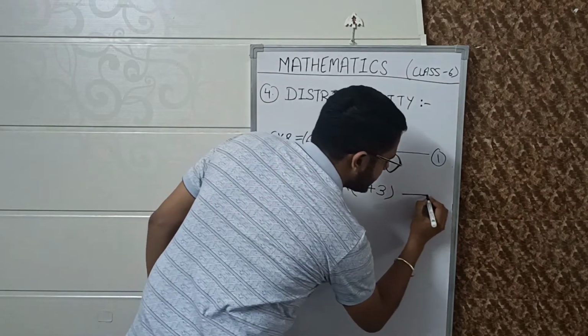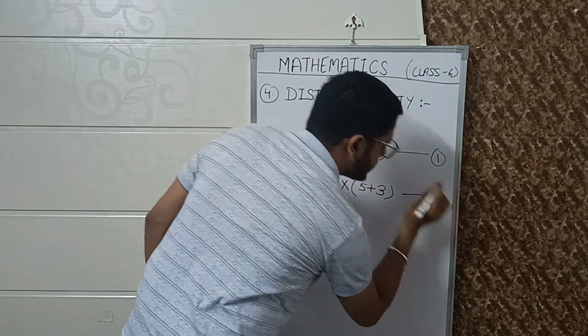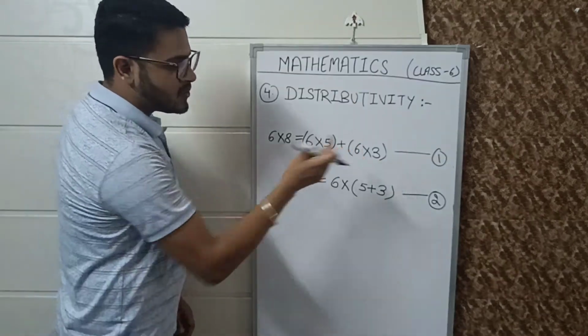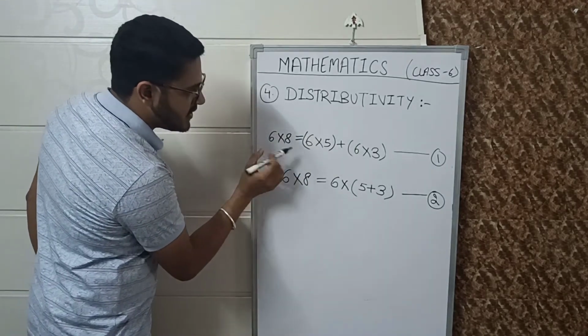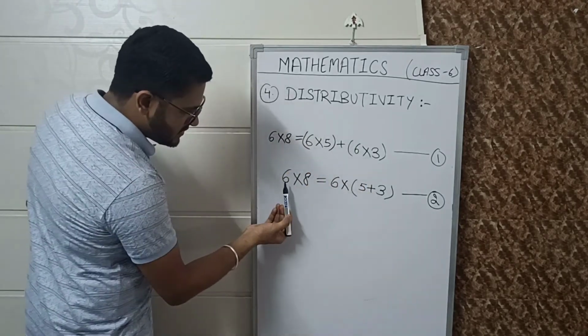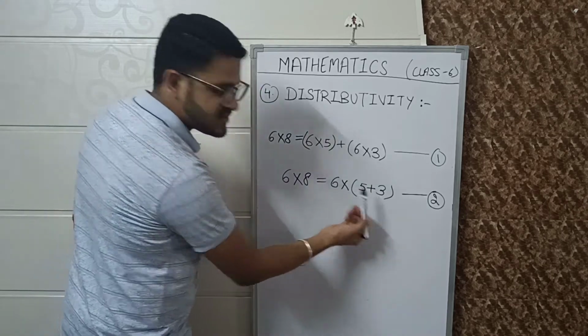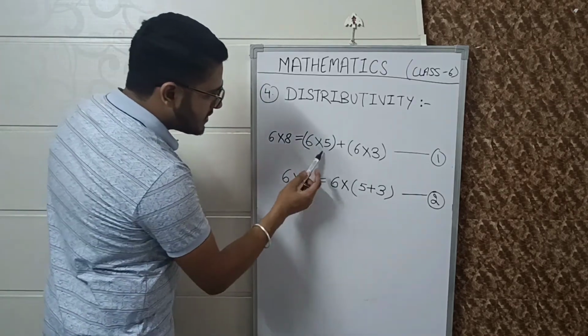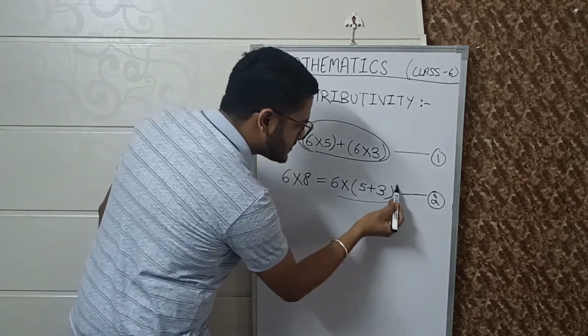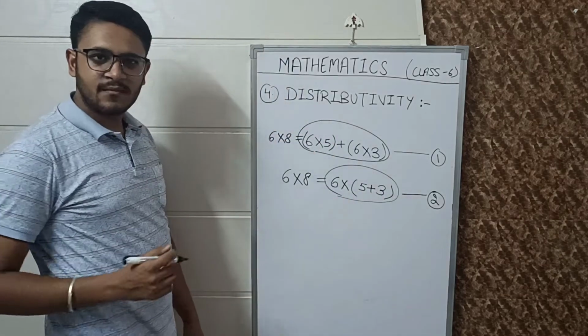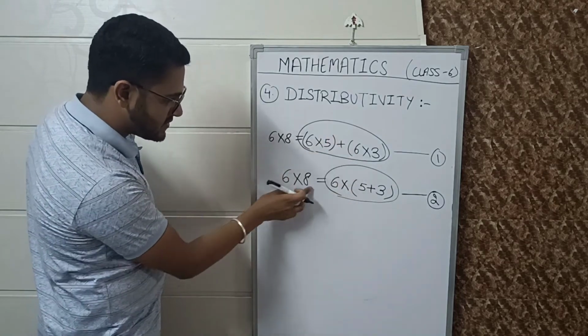Let it be equation number 2. Now what do we observe from these two equations? 6 into 8 is equal to this, and 6 into 8 is equal to this, which means this part and this part are both the same because they both represent 6 into 8.